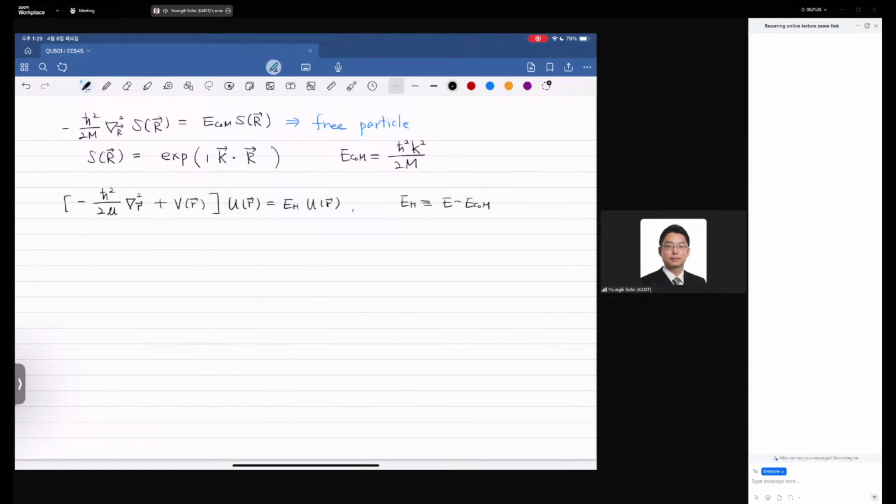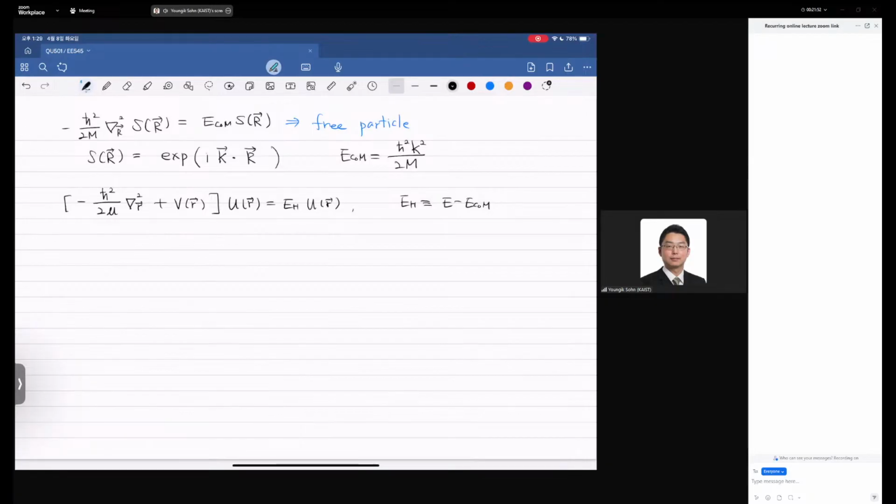So here is going to become an interesting part. For a while, let me forget about writing down that small r vector. I'll just use xyz. We'll forget about the fact that the center of mass is moving, or let's say the center of mass is just fixed, and then solve the rest of this relative coordinate.